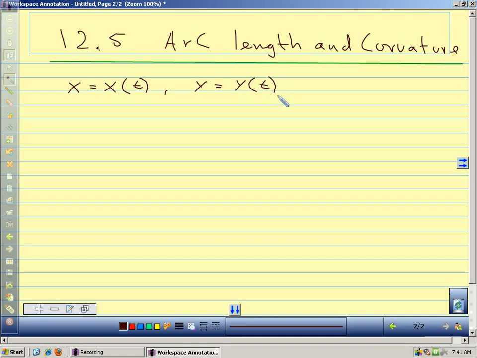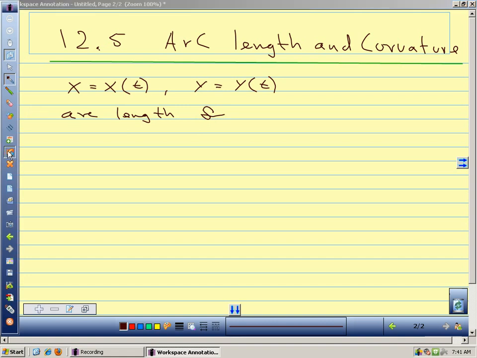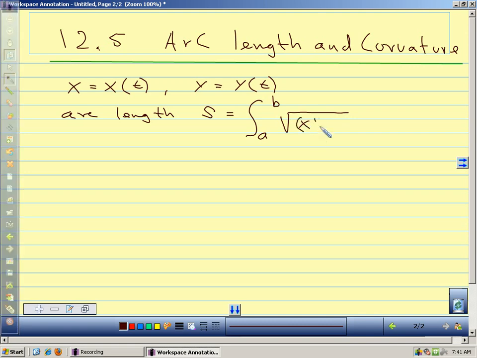On some interval, our arc length s equals the integral from a to b, over whatever interval we're looking at, of the square root of x prime squared plus y prime squared dt.